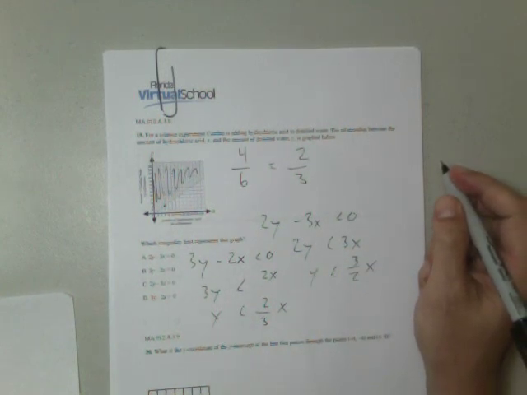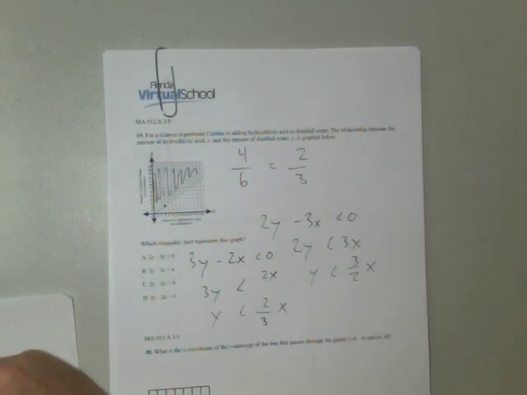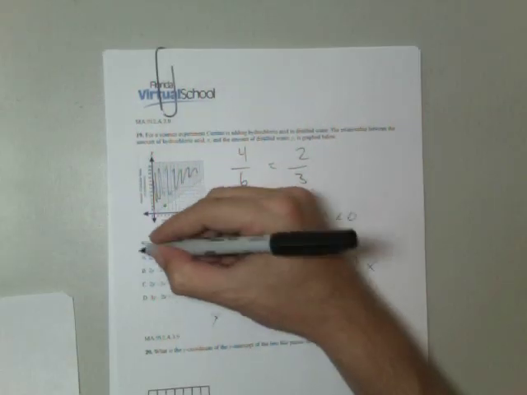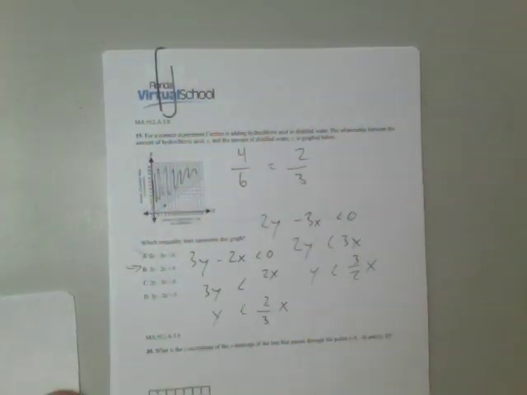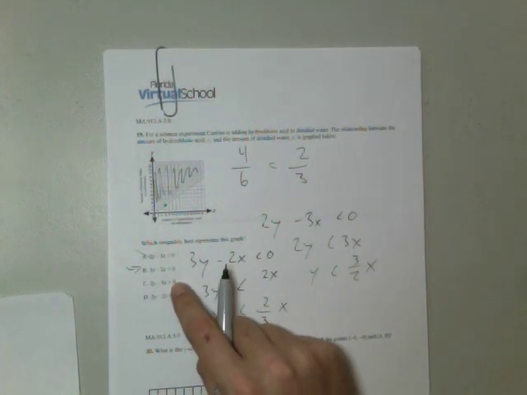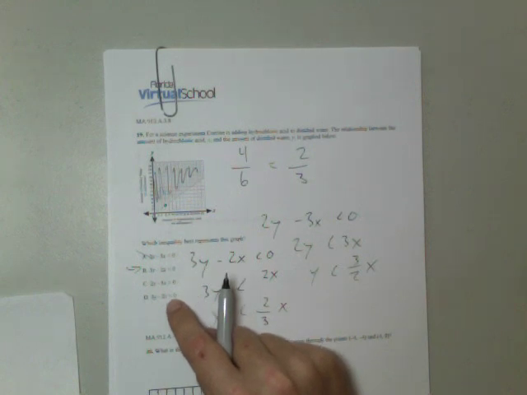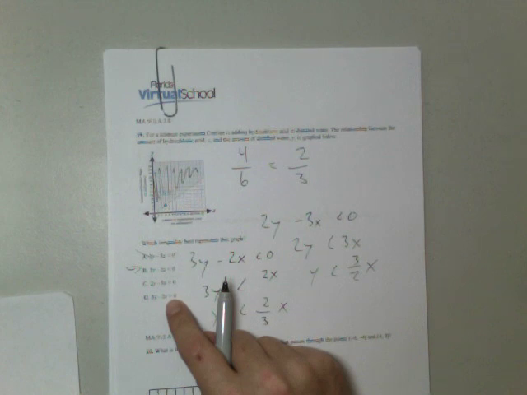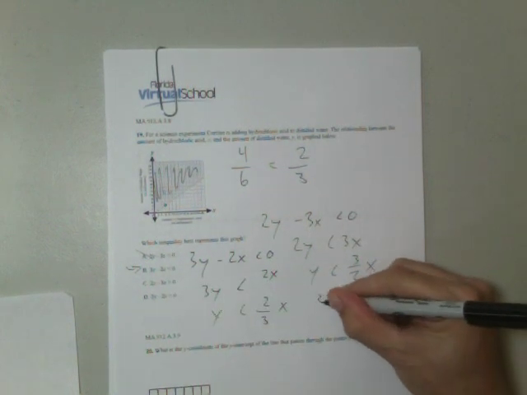It wants to know the relationship between the amount of hydrochloric acid and the amount of distilled water. So I keep this in the running. C will give me 3/2, and D will give me 2/3. Again, let's try that out.